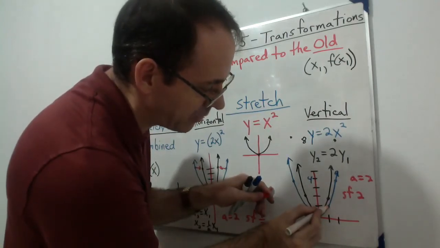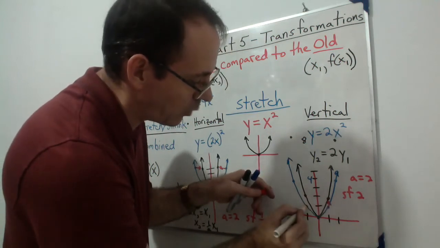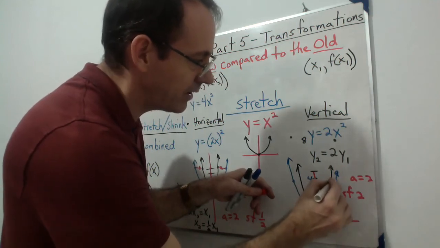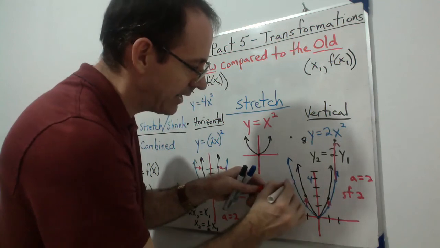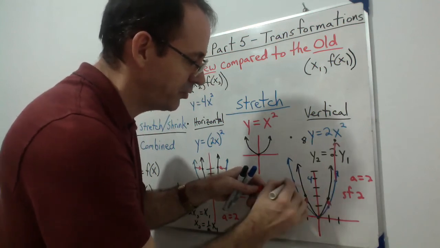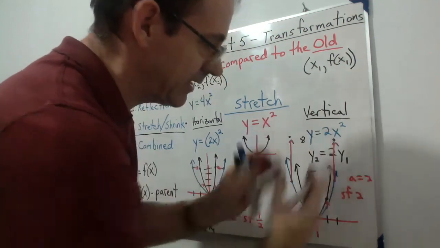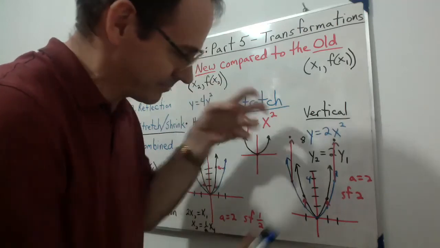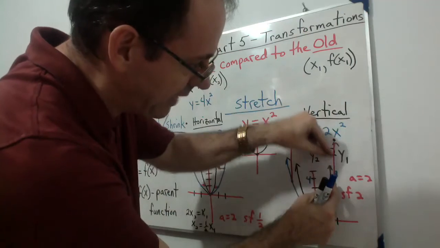Notice we started with a 1 and we now get 2. If we go at the 4, it comes all the way up to the 8. The 4 right here times 2 now becomes the 8. Obviously, the graph again looks narrower, but you actually stretch these values higher.